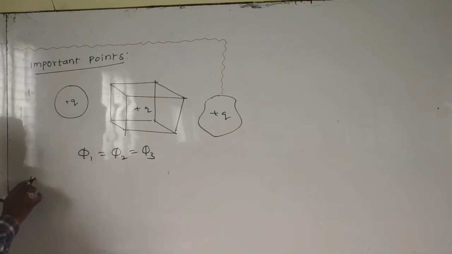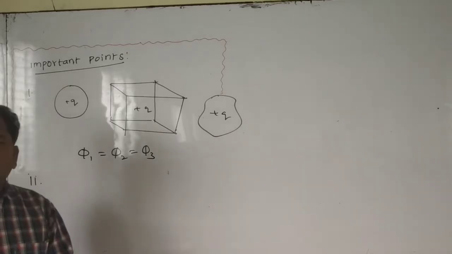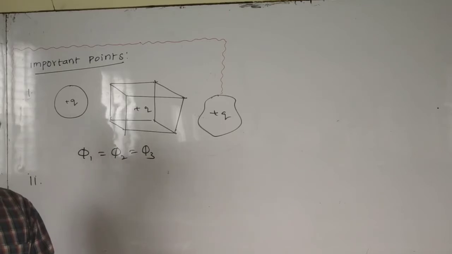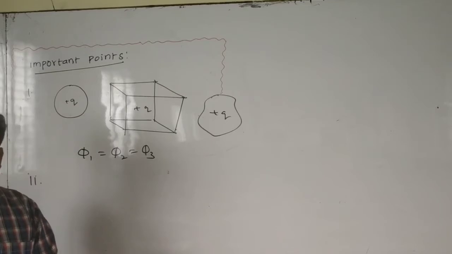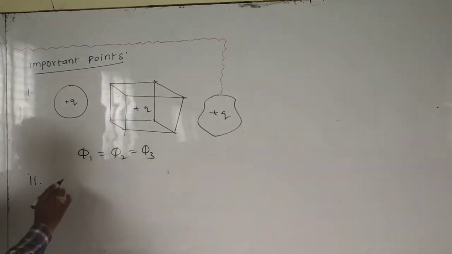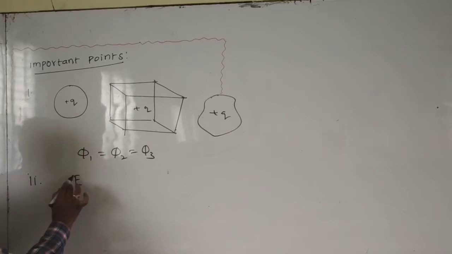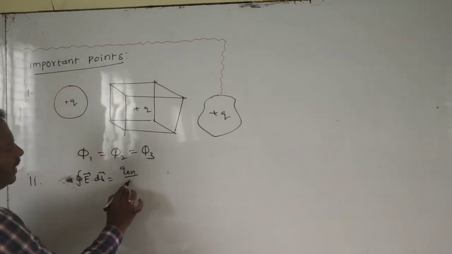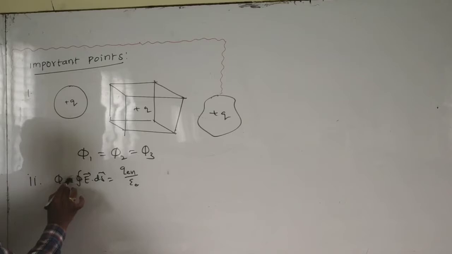Next, the second point. In the Gauss law expression, what is Gauss law? Integral of E bar dot ds bar equals q enclosed by epsilon naught. This is the phi.